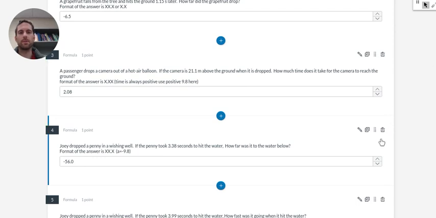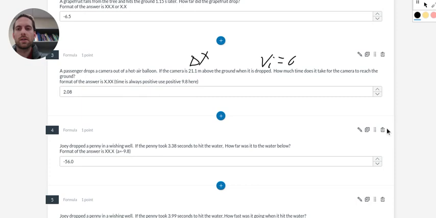So here we have a distance, change in x, and it's V initial 0. It's dropped. And that's all we need here, as we know it's positive 0.8, and I want the time here.